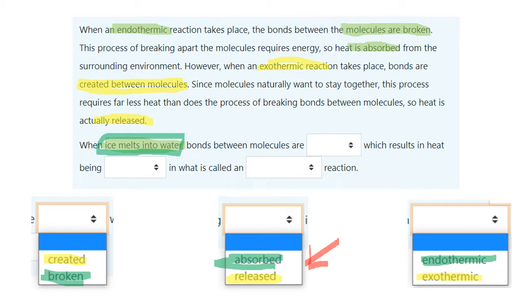That's why it becomes a liquid. So when the ice goes into the water, the ice is going to absorb energy, absorb heat from the water. So absorb. Now, by reading the passage, we can see that if we're choosing absorb, then it must be an endothermic reaction. And in an endothermic reaction, the bonds between the molecules are broken.